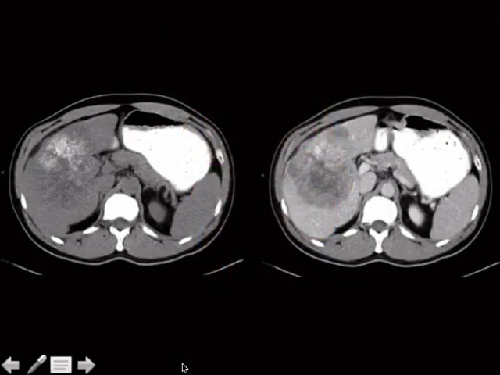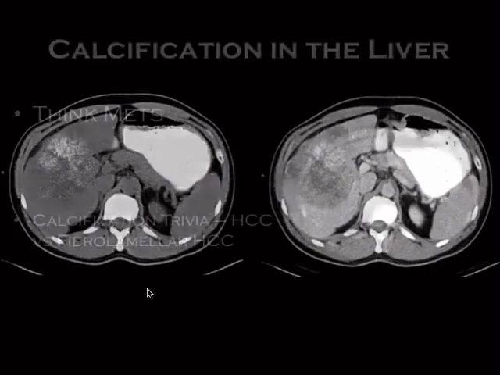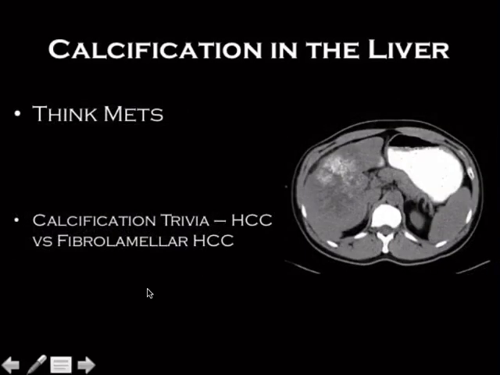Next case. This is really critical in gamesmanship here, guys. Pay attention. Axial CT, non-contrast. Axial CT, contrast. There's a bunch of dense stuff in the liver on the non-contrast. So this is your rocky liver. There's a differential for that, but you have to think of one thing first, and that's mets. What kind of mets?